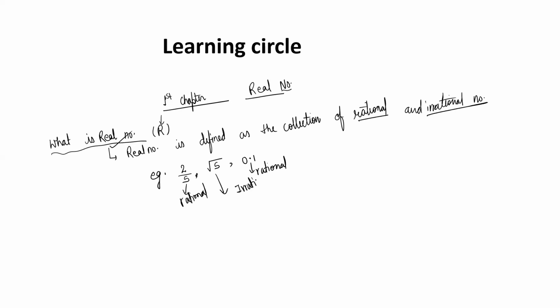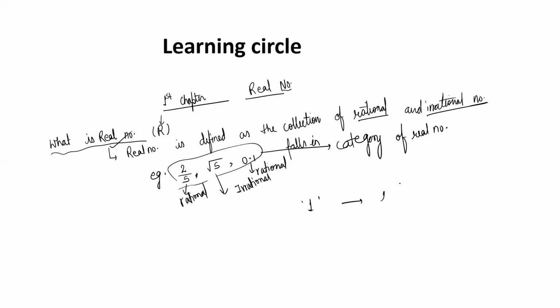So the combination of all of these falls in the category of real numbers. If I ask what is 1, I will say it is a real number. It is as simple as that. So you came to know what is a real number.